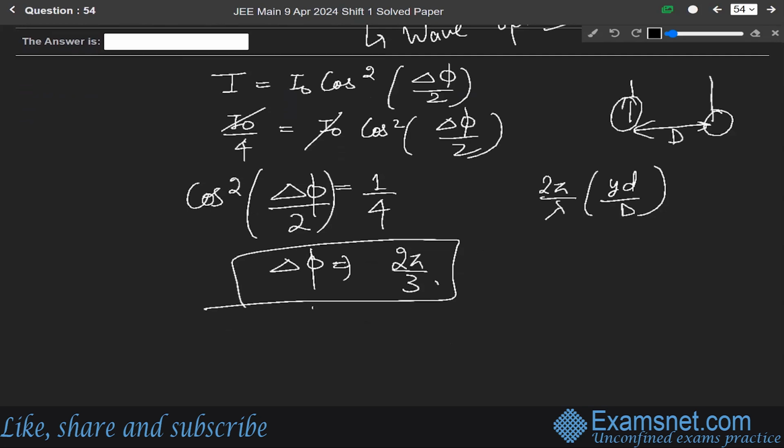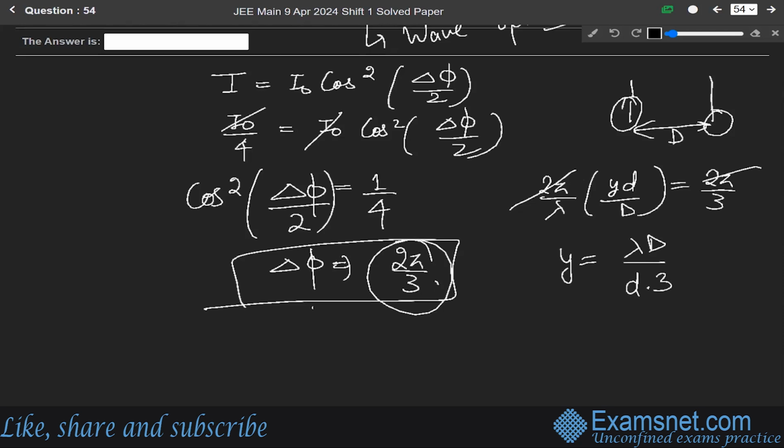Okay, so y d over D equals, from here, delta phi meaning 2 pi by 3. So solving it, 2 pi cancels out. So we get y equal to capital D lambda over d into 3.